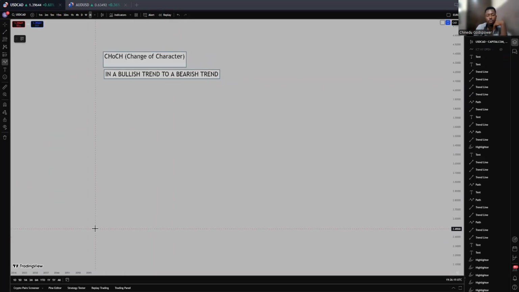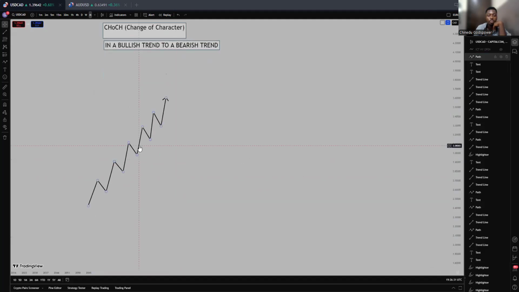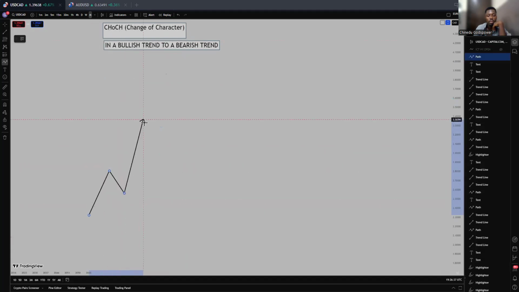Now, we have price creating a series of higher highs and higher lows. Let me make it simple, just one big price swing. I guess this is simpler to understand.